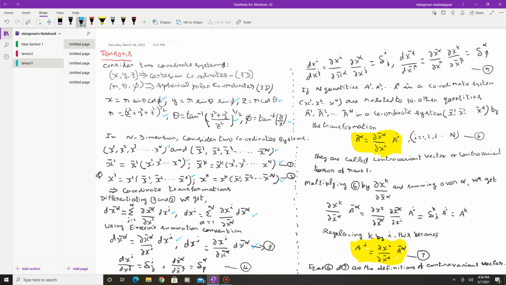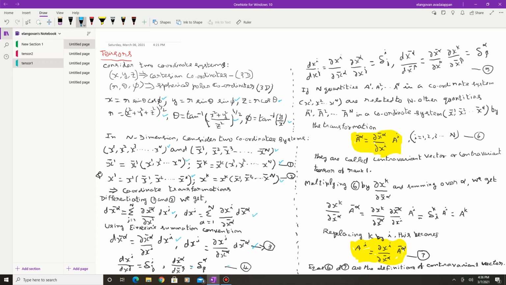Otherwise, if it is different, this will be 0. So this is called the Kronecker delta symbol, delta ij. Similarly, dx alpha bar by dx beta bar is also a Kronecker delta, delta alpha beta. When alpha and beta are equal, this is 1, otherwise it is 0. So this 4 is the definition of the Kronecker delta.